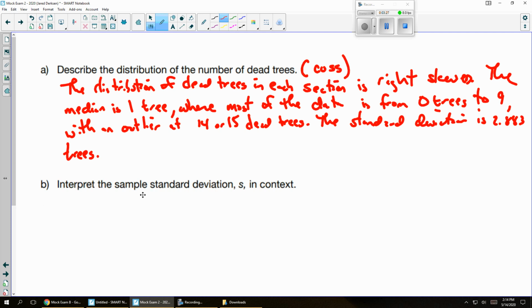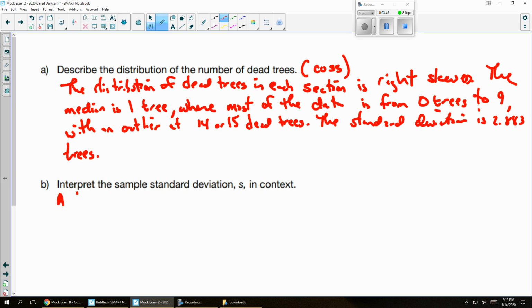That all looks good. Interpret the sample standard deviation s in context. Well, it's 2.883, and what that means is that the typical block has a difference of about 2.883 from the mean.